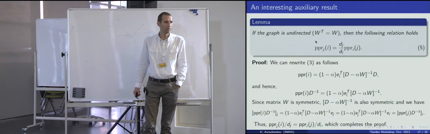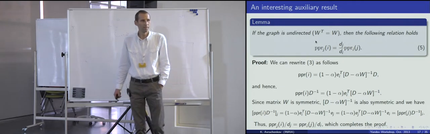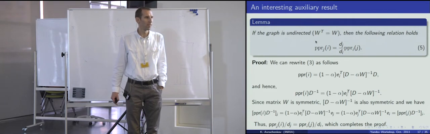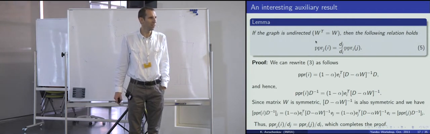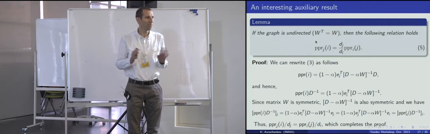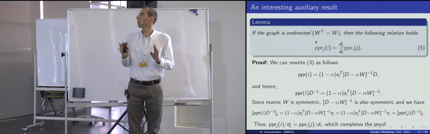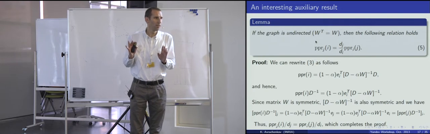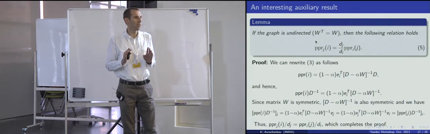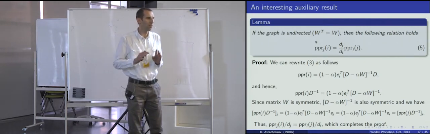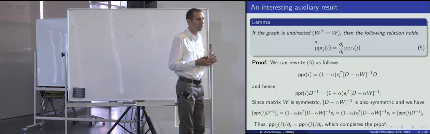Yes. And these i and j are not necessarily connected? No, any nodes. This is the beauty of this result. You take any graph. The only important condition is that the graph is undirected. If the graph is directed, this result doesn't hold.